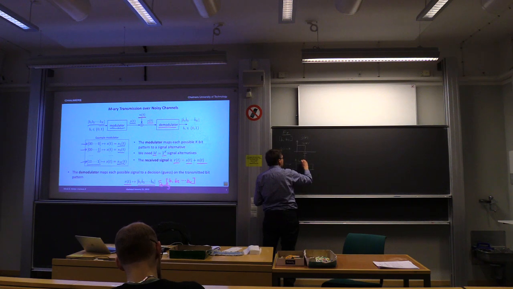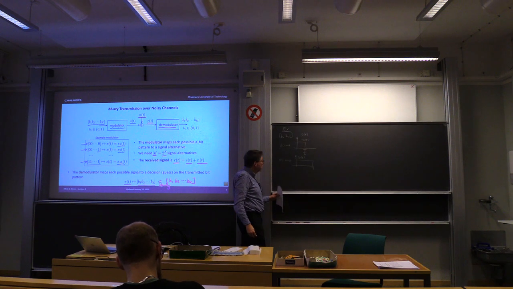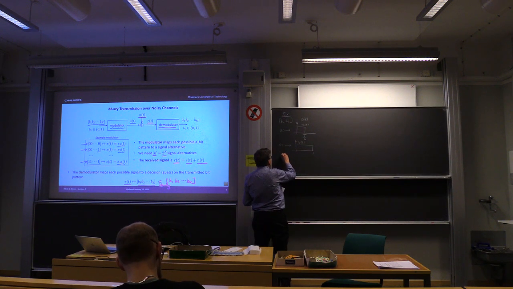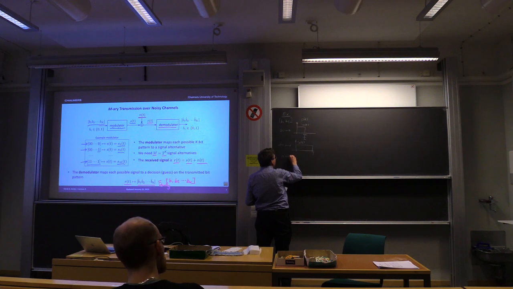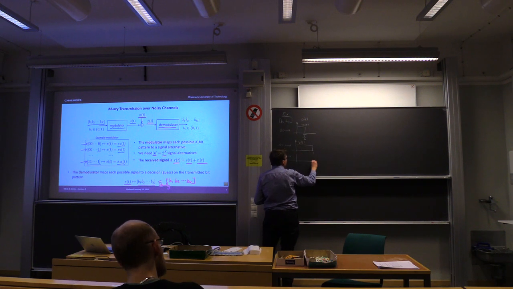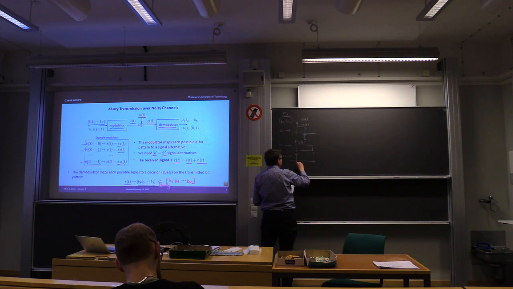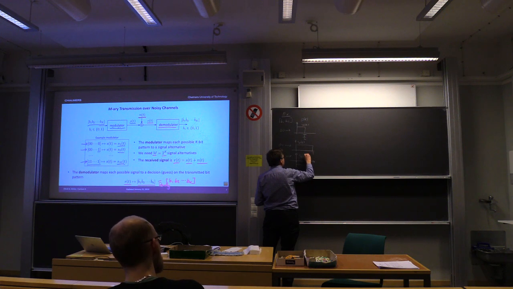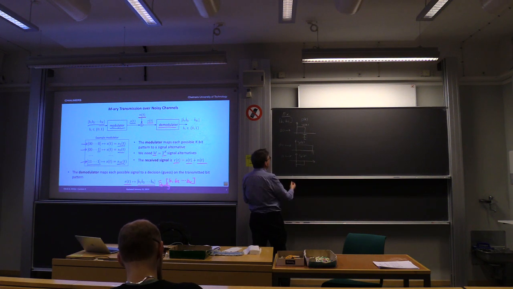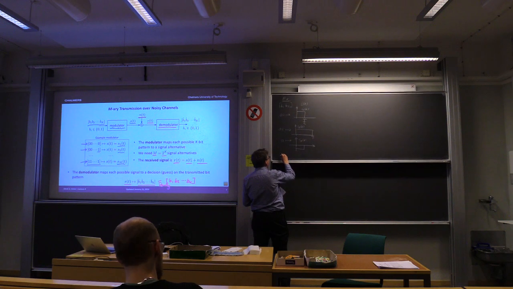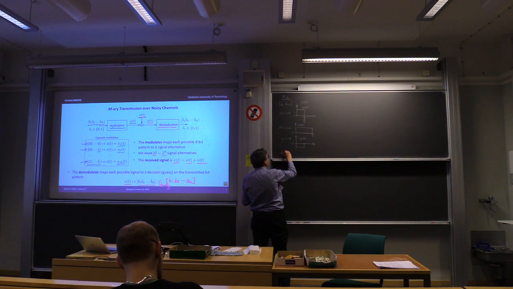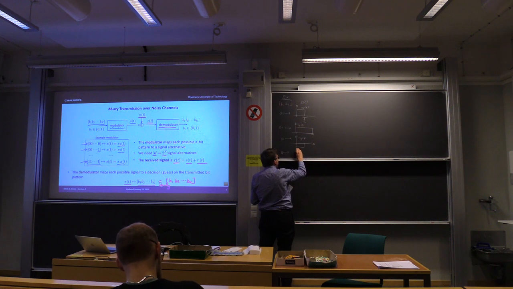This is called S2, which is a square wave of duration t seconds. We have 1, 0, and that should be mapped onto some other signal. Let's call that S3. And I'm running out of space here, but let's try anyways. 1, 1 should be mapped onto something.